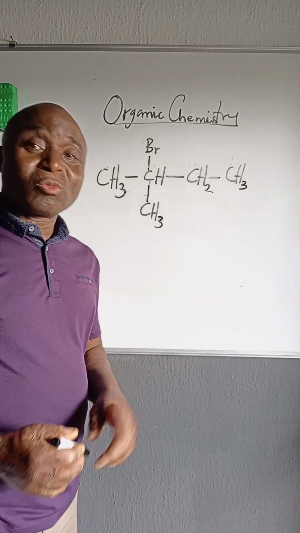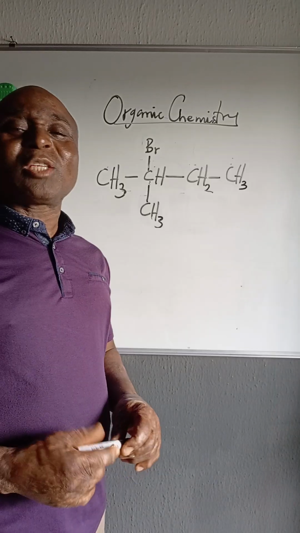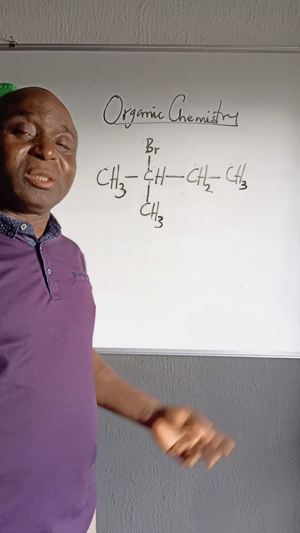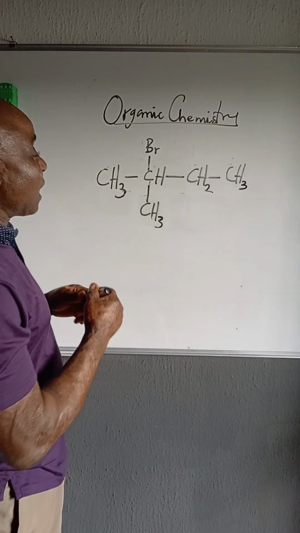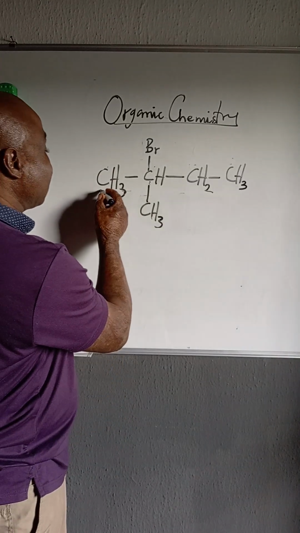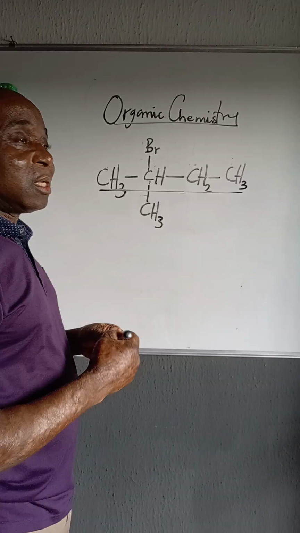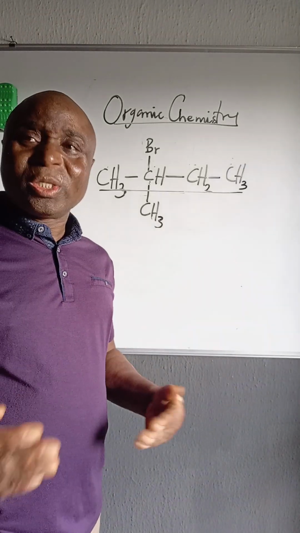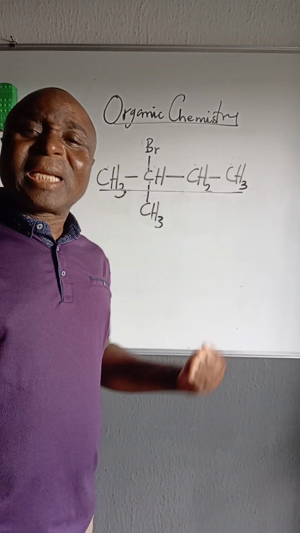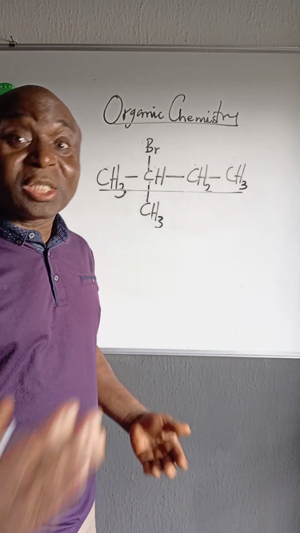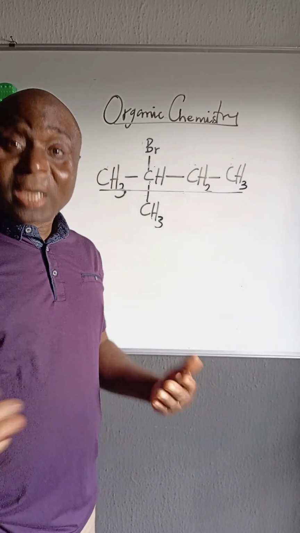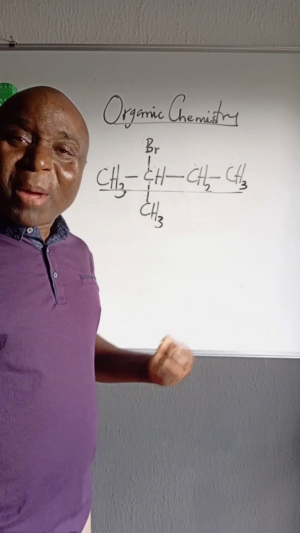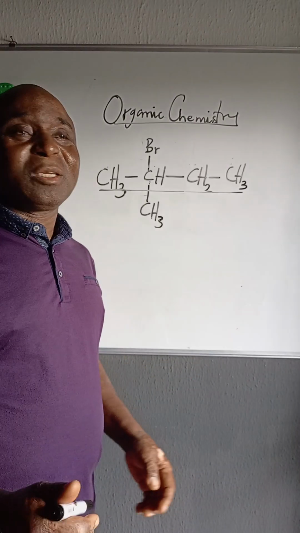First rule is to identify the longest continuous chain. I mean the longest continuous carbon chain. If we look at it critically, we discover that the longest continuous carbon chain is this. Having identified the longest continuous carbon chain, the next rule is to number the carbon chain in both directions so that we can give the proper number or locant to the branches.